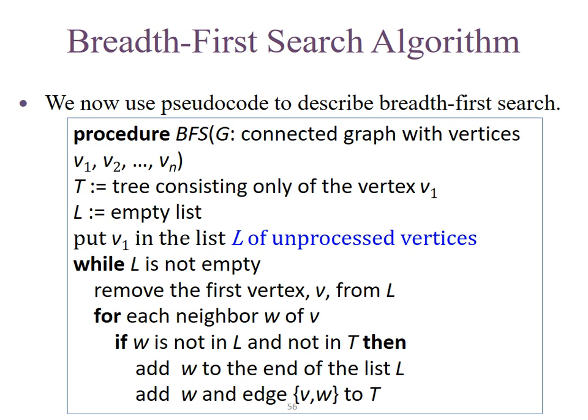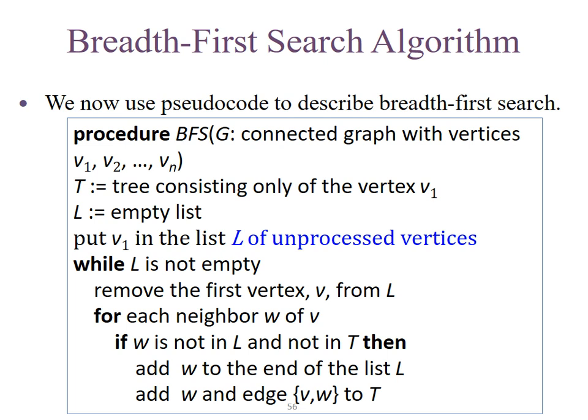And then we maintain an empty list L. This empty list L is very important because next week we will see how we use this infrastructure in the while loop. Okay, so our first starting point is V1.